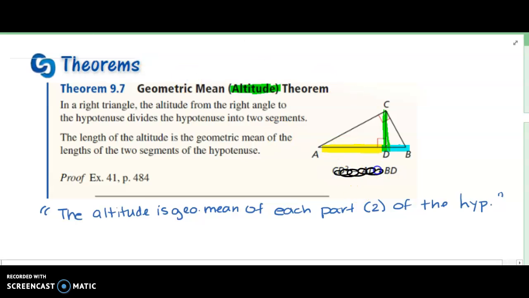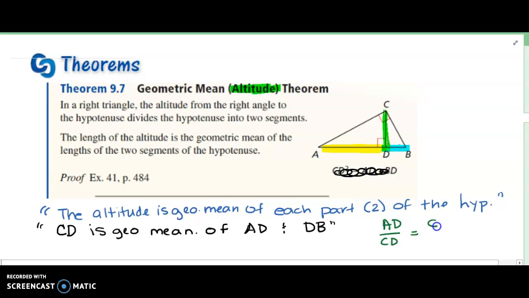I'm going to X this out. So the altitude here is the geometric mean of each part of the hypotenuse. Let me reword that and plug stuff in. The altitude would be CD, right? So CD is the geometric mean of the two parts of the hypotenuse, AD and DB. And then if you go one step further, you could write that as a proportion: AD over CD equals CD over DB. And we will do an example here in a minute.